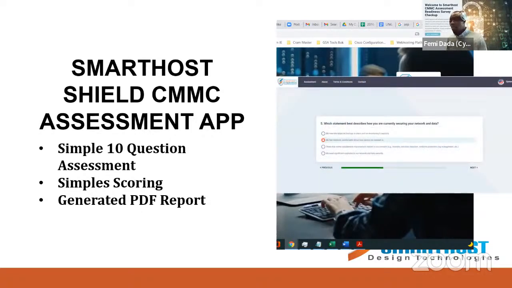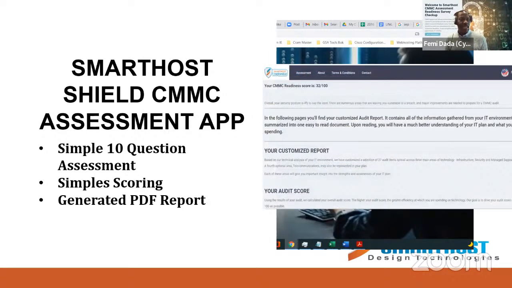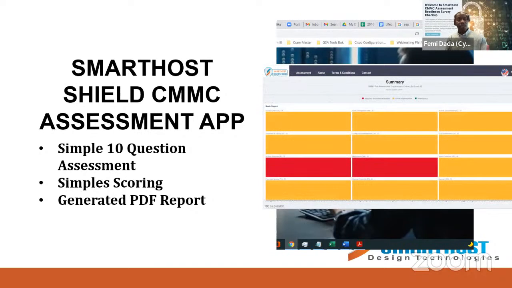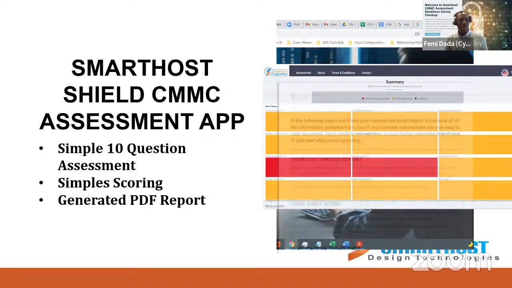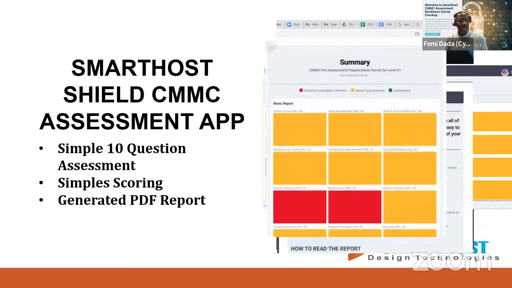This is just a sample of what that website looks like. I think we have a link somewhere at the end here. At the end of it, you'll get a score out of 100, for example 32, okay? And of course, it also shows yellow, red, blue, to help you. And that's just with that.